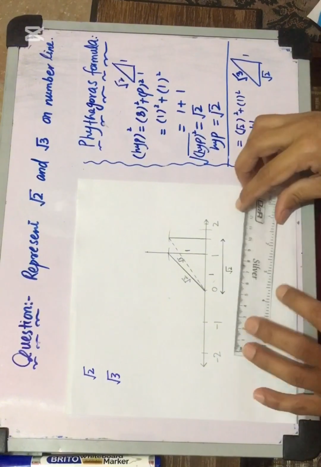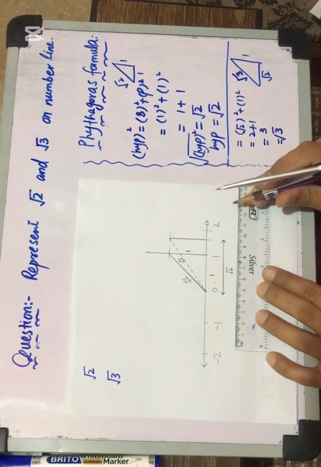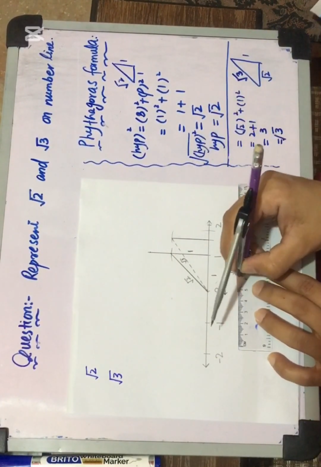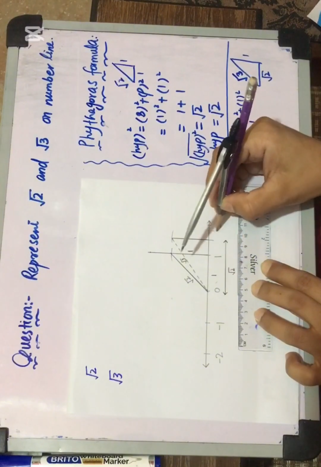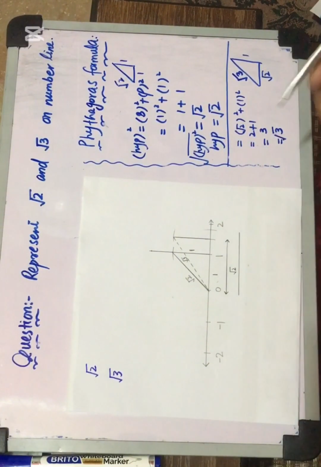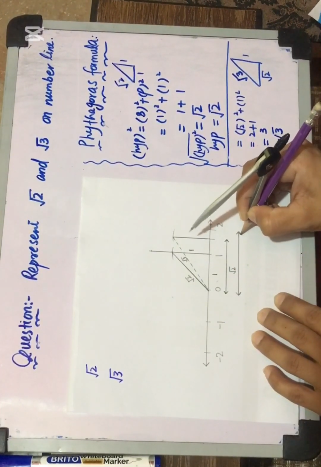So this will be our square root 3 on the number line, from 0 to this point, square root 3. This will be square root 3.